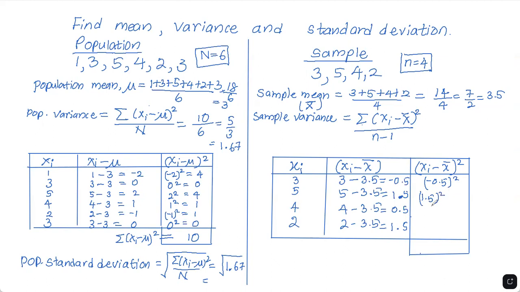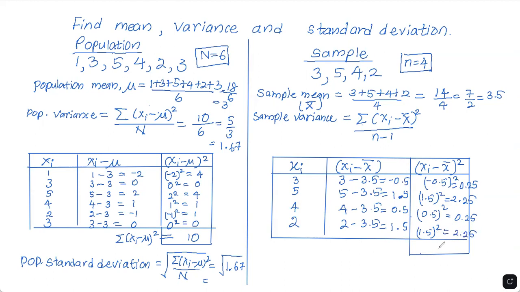Now you have to square those differences: negative 0.5 squared, 1.5 squared, 0.5 squared, and 1.5 squared. And then you have to calculate these numbers. This is 0.25, and this is 2.25, and this is 0.25, and this is also 2.25.